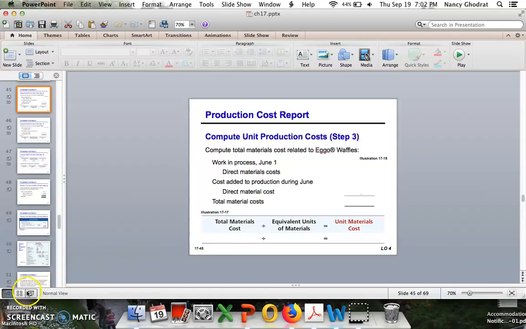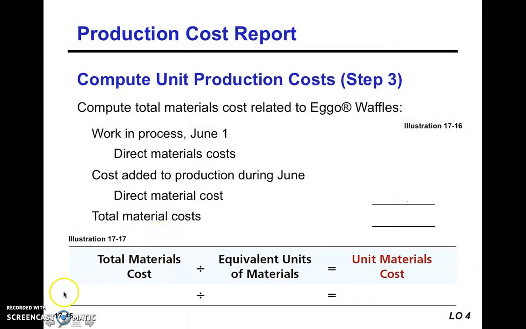Okay, here we go. So the total material cost, as I mentioned, was beginning work in process at 50K and units introduced into production during June, we spent 400K. So in total, we spent 450,000 on material. How many equivalent units did we create for material?